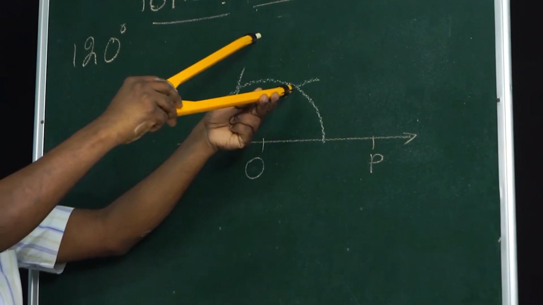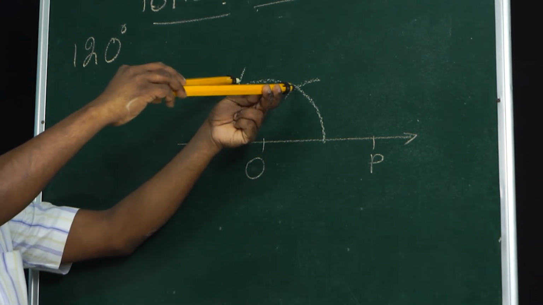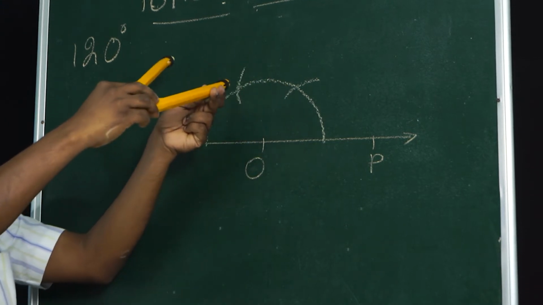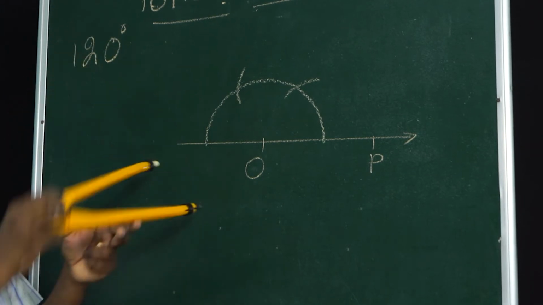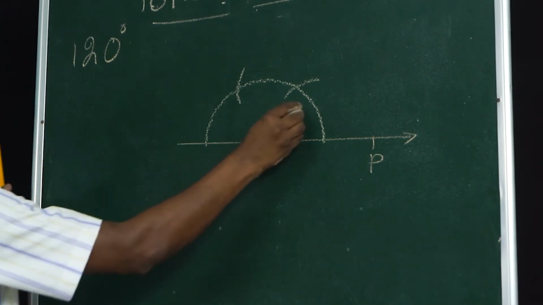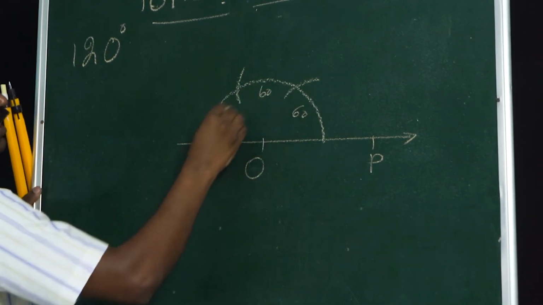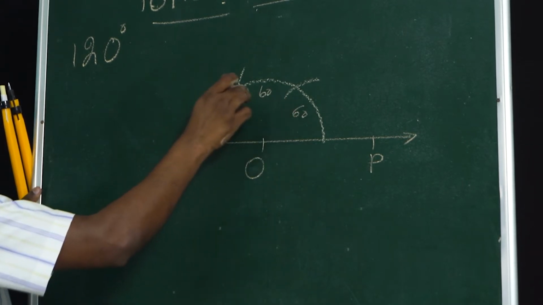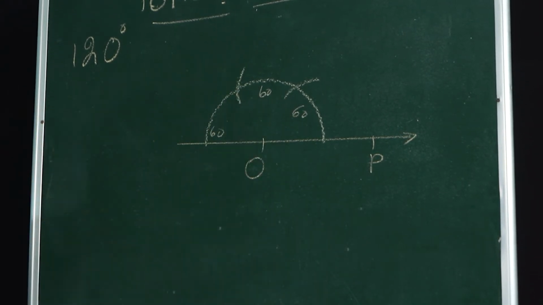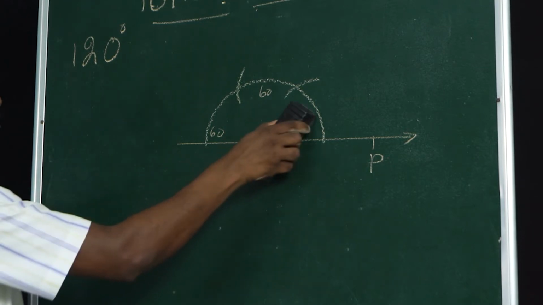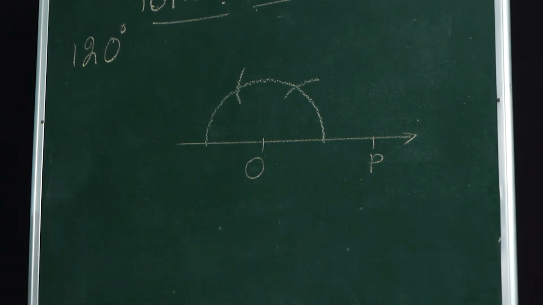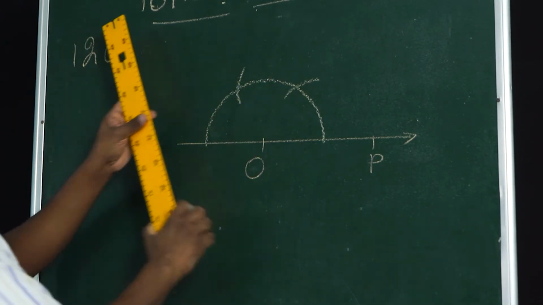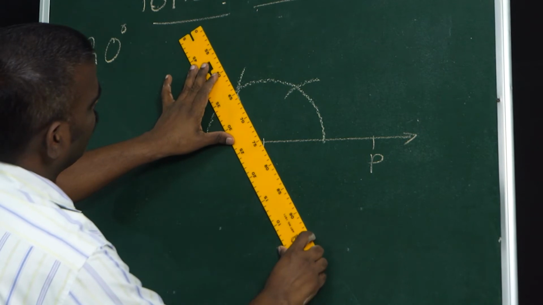Without changing, another 60. 60 plus 60 how much? 120. Without changing, keep here, another 60, 180. Understood now? So, here 60, here 60, here 60. 60 plus 60 plus 60 how many degree? 180 degree. Do you understand? So, 60 plus 60 how many degree? 120 degree.